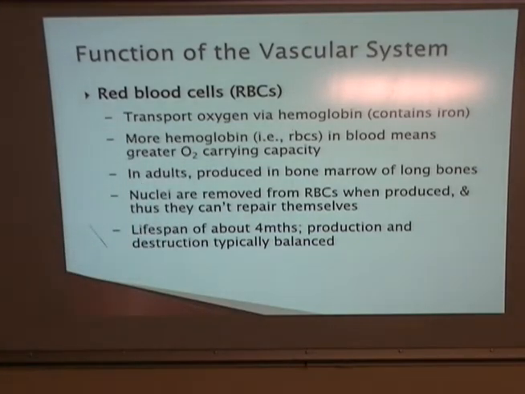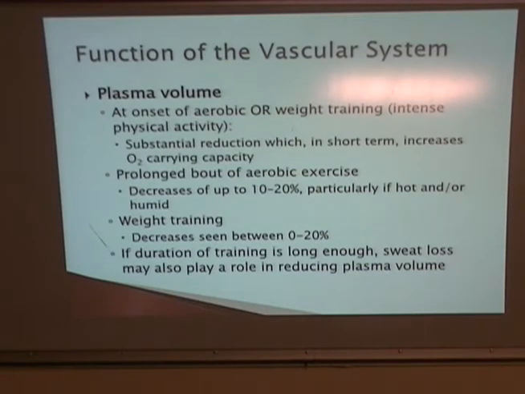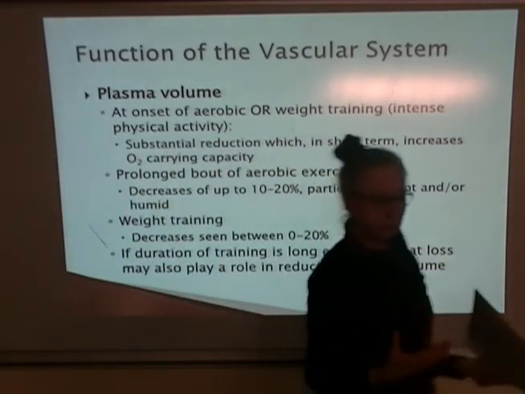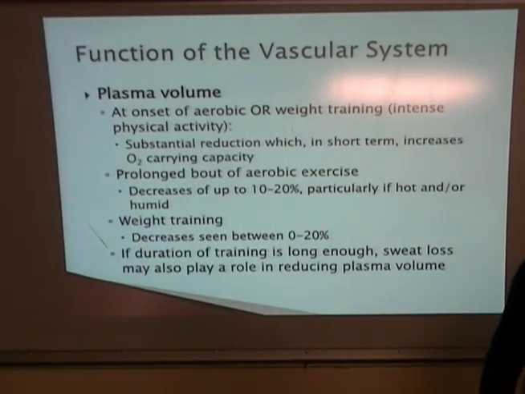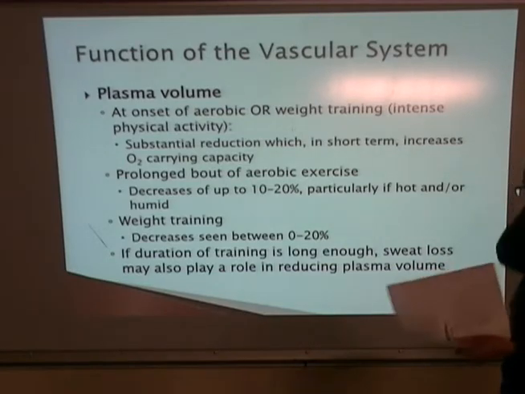So usually the production of red blood cells and the destruction of red blood cells is relatively well balanced. If it isn't, then that again is indicating a problem. So if your red blood cell count is low, then there could be an issue. Okay.